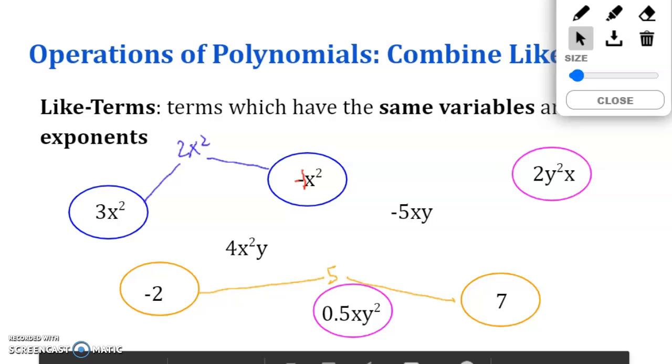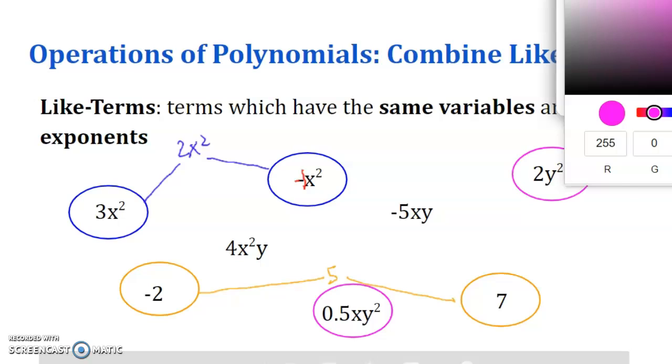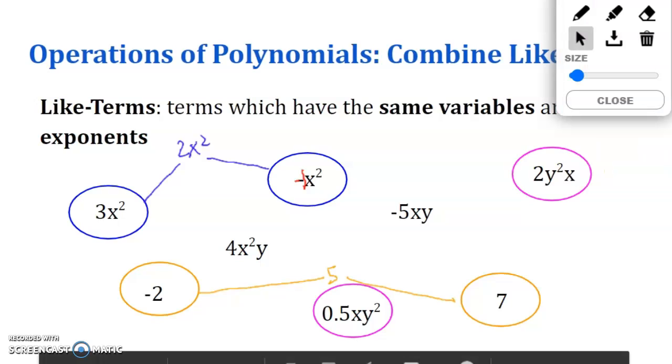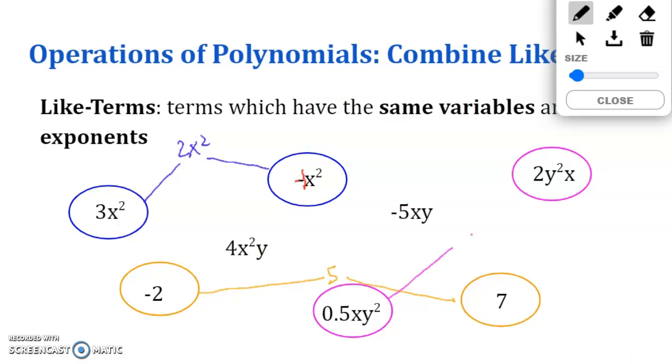So it can be 0.5 times y times x. So that is the reason they are like terms. So that means they can be combined. So 0.5 plus 2 is what? 1.5. Oh, okay, 2.5. So when I combine those, they would become 2.5 y squared x.